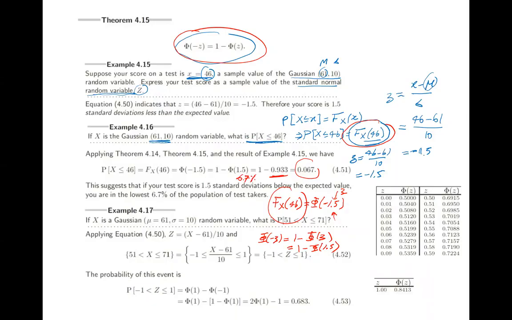Okay, 6.7%. Next, we have the same Gaussian random variable. The mean value is 61. The standard deviation is 10. What is the probability that the random variable is greater than 51 and less than 71? To determine this, remember that this was given just like A1, A2, or X1, X2, simply a range from X1 to X2.